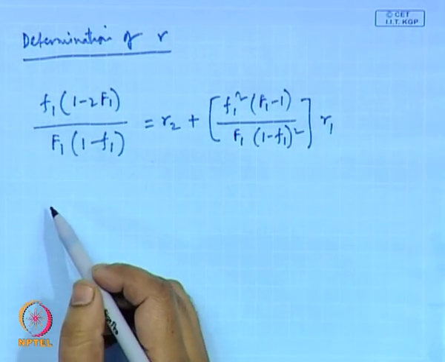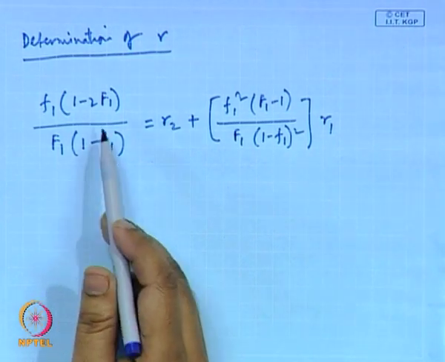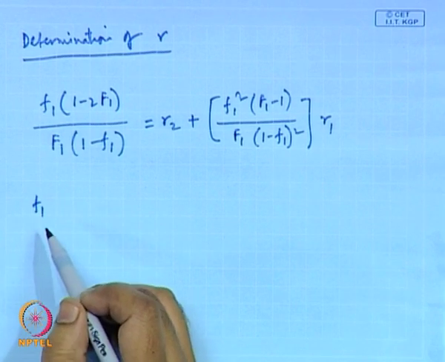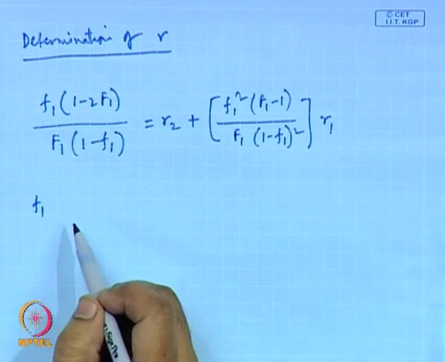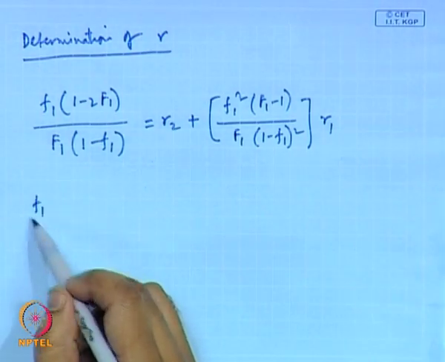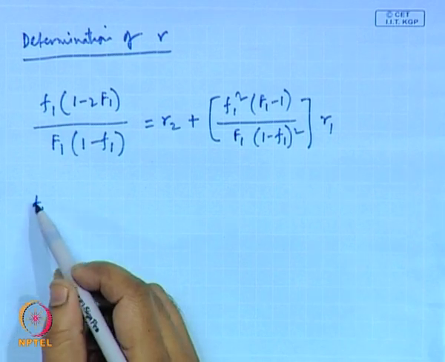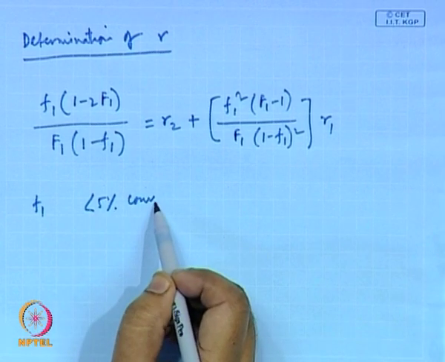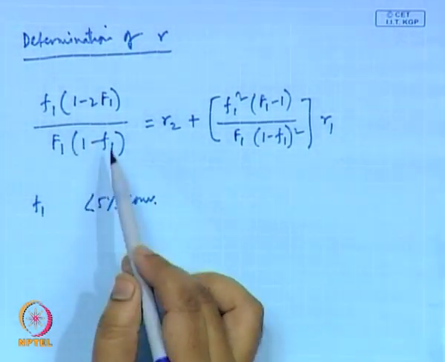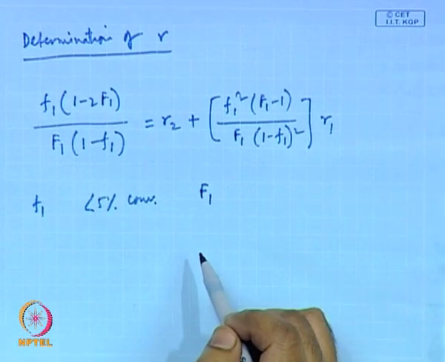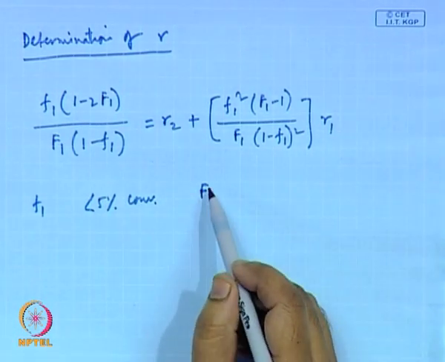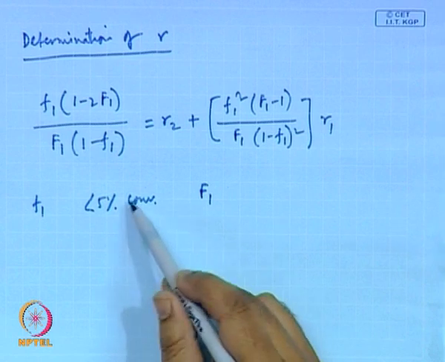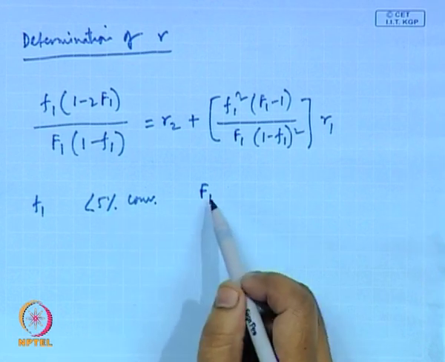Now, what can be done is you do several reactions, start with different f1 values, take feed monomer ratios with different f1 values and stop the reaction at less than 5% conversion, and quantify the mole fraction of the monomer unit present in the copolymer at the end of this 5%, or when you stop the reaction.